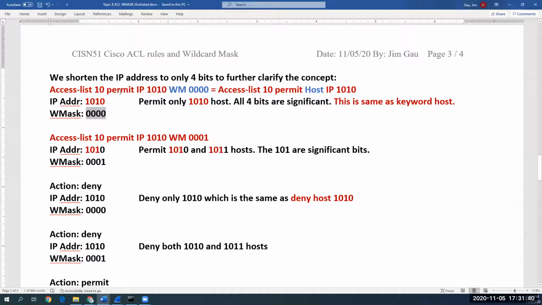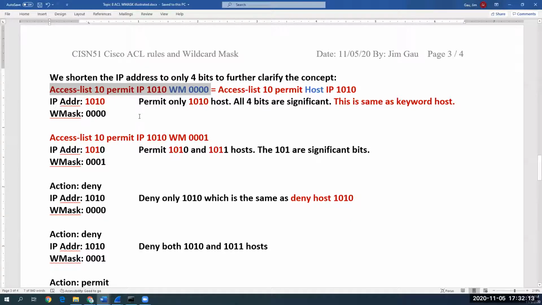Because we say, hey, in order for this action, and it happened to be the permit action, in order for this ACL, for this card to apply to you, you must match all the significant bits. So no matter the card, no matter what number you have, it could be 1010, it could be 1110, it could be a total of 16 combinations, but we don't care about that. The only one that will be applied is the one who has the 10 and 10.